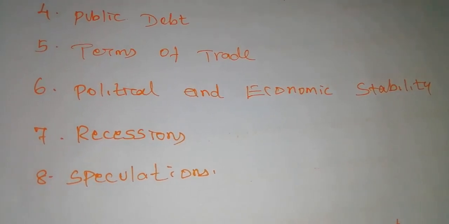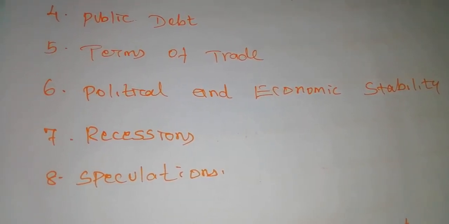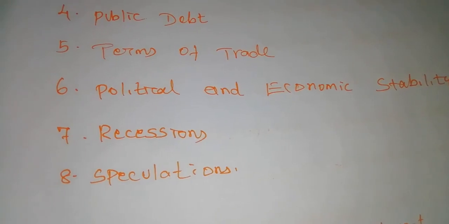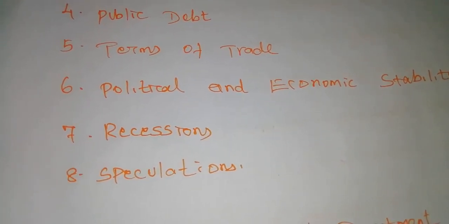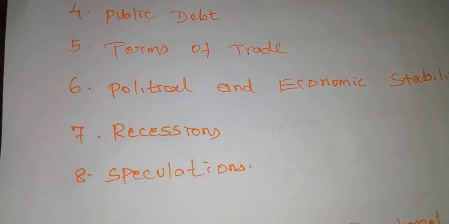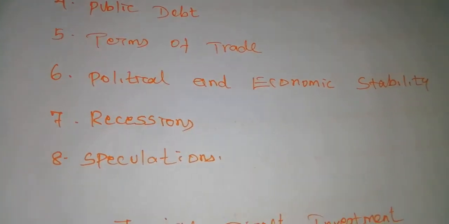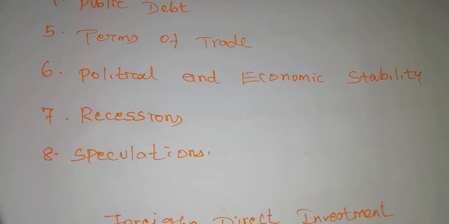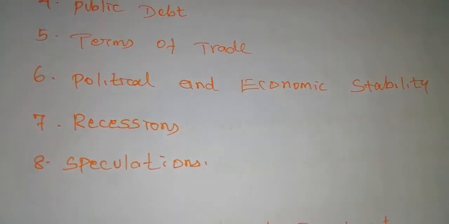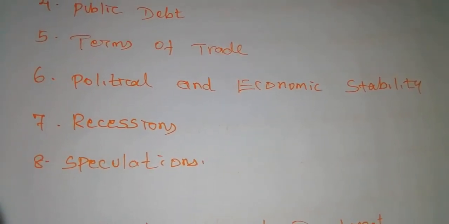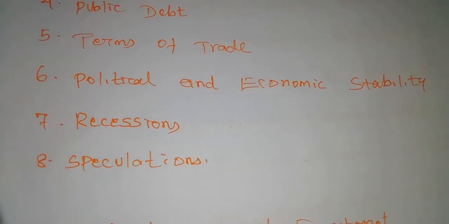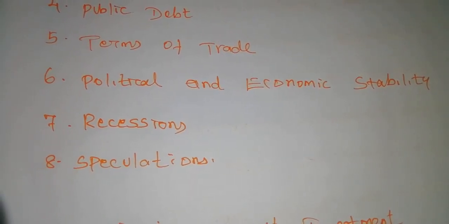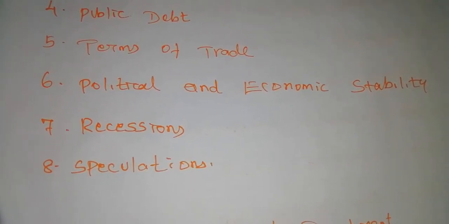Next, political and economic stability. If a nation's political climate is stable and economic performance is good, its currency value will appreciate by attracting more foreign capital. If any foreigners want to invest in the domestic country, we must have political stability and good economic performance.